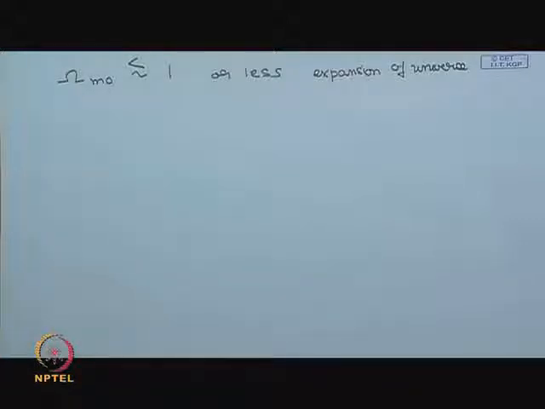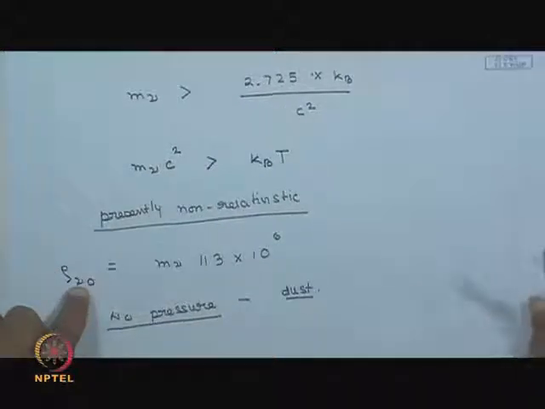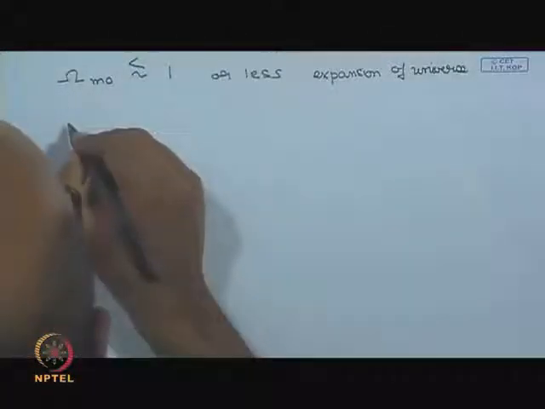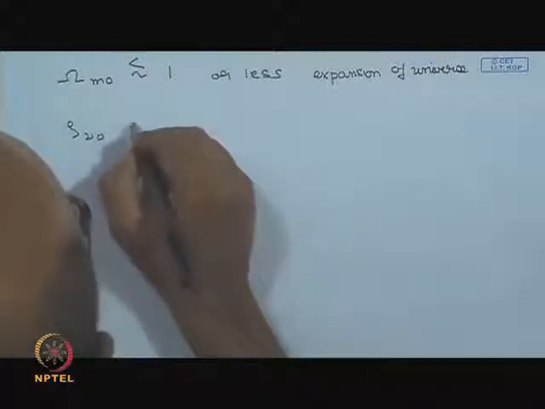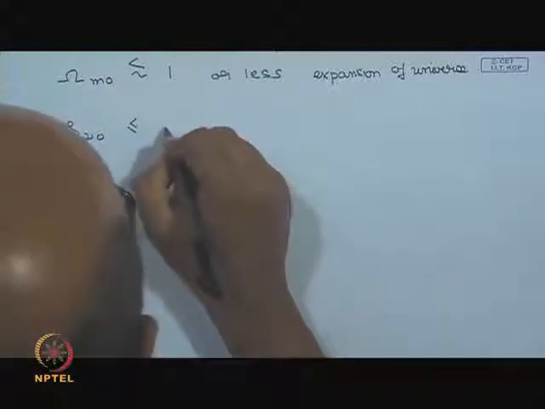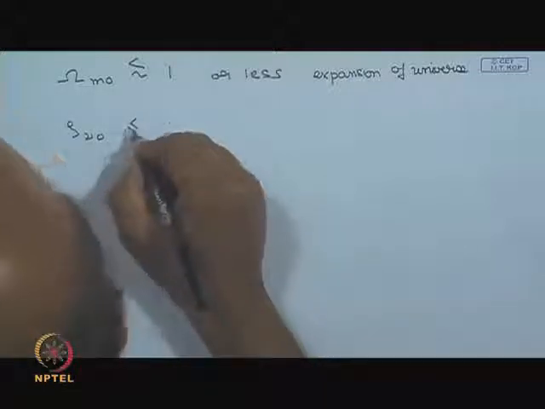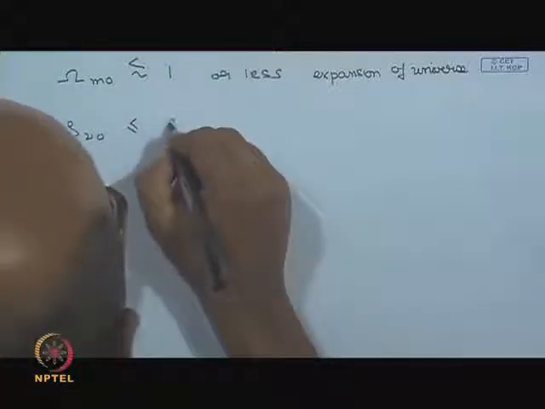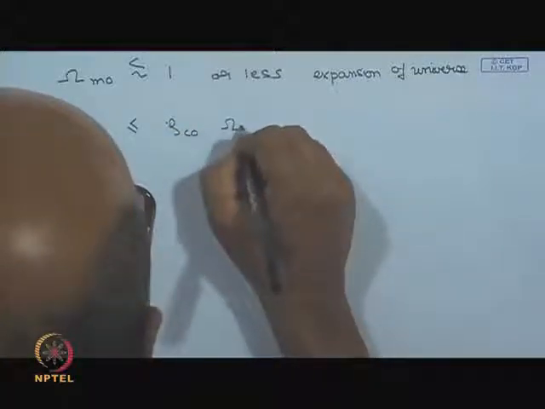tells us that if one species, one flavor of neutrino is massive, then the density of that neutrino should be less than or equal to the critical density of the universe, or we can say that this should be equal to rho critical naught into omega matter naught.